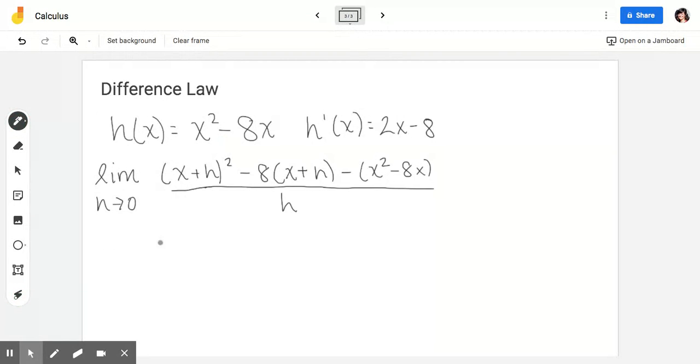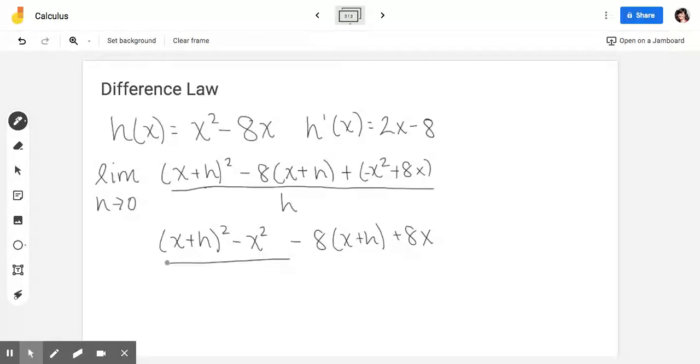So the first function, we just have to do some algebra, as always. If I distributed the minus sign here, I would have minus x squared, and then I would have minus 8x plus h plus 8x all over h.